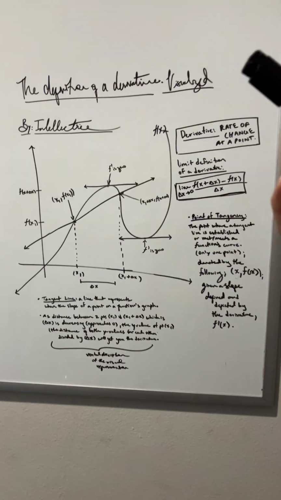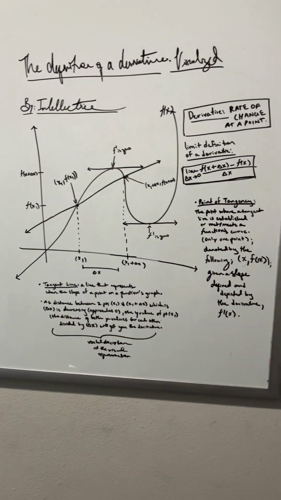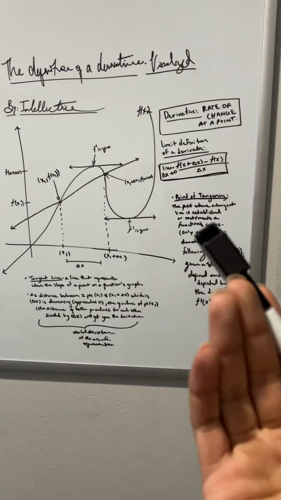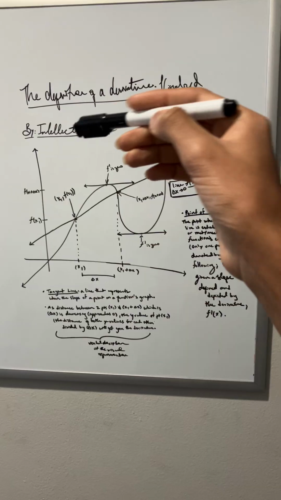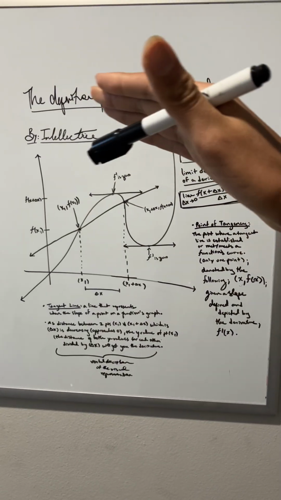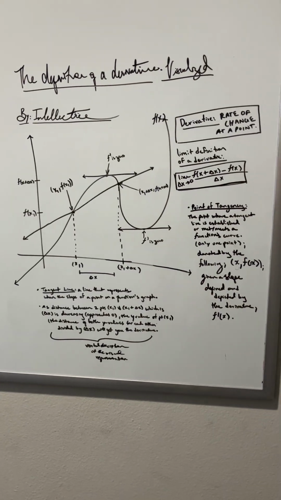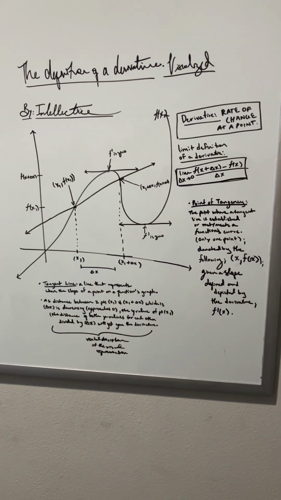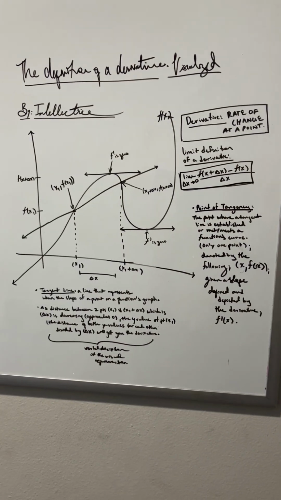So again, the derivative is the instantaneous rate of change, so the rate of change at a point, how fast something is moving at a point on a function's graph. Therefore, wherever the point of tangency is, there will be a tangent line that shows us the slope of the derivative itself, right? How fast the derivative is going at a rate of whatever rate it may be.